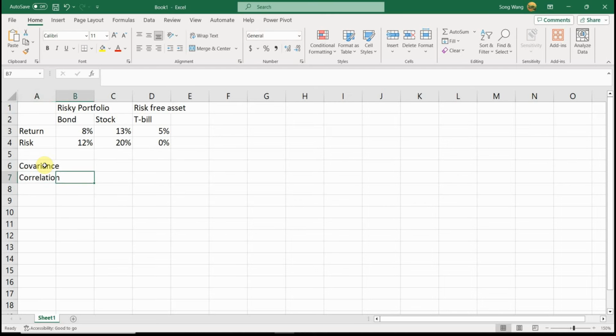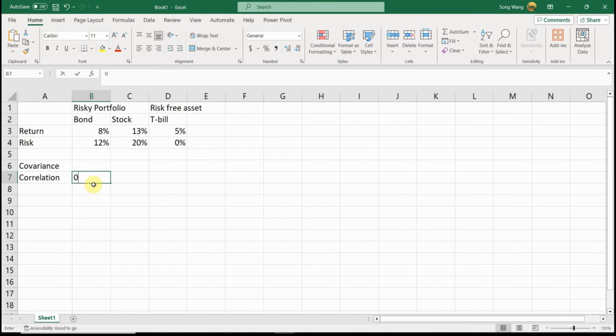So I will give you the correlation as 0.3. Based on the correlation, you can calculate the covariance, which is the bond risk times the stock risk times the correlation. And what about the correlation between stock and the T-bill?